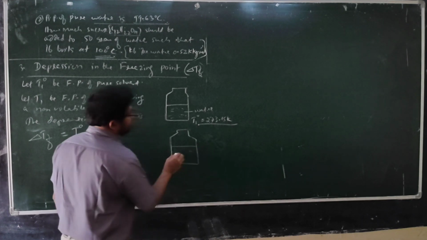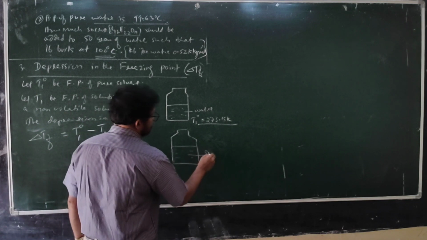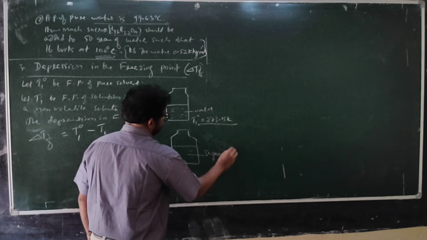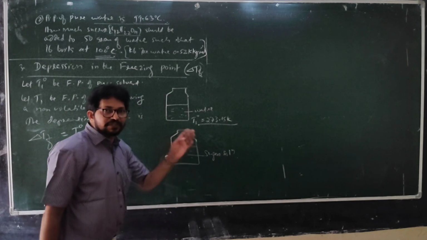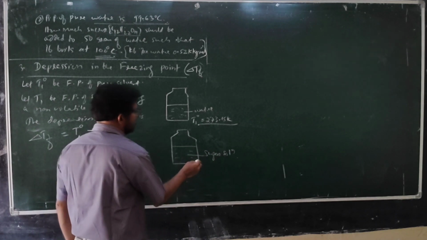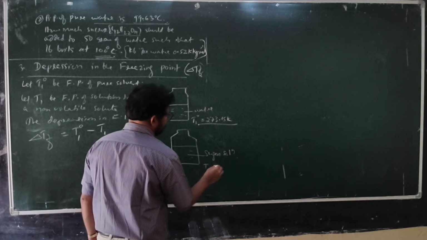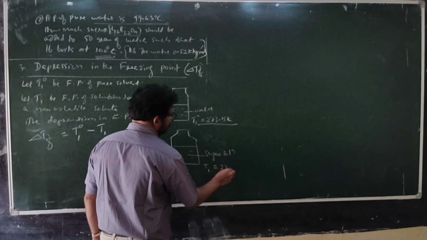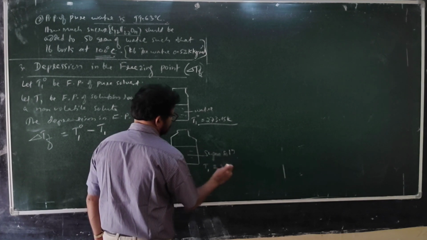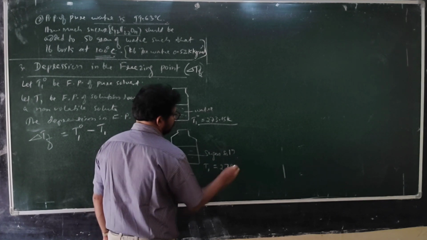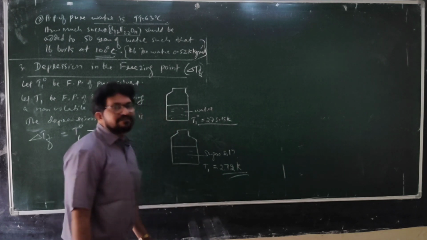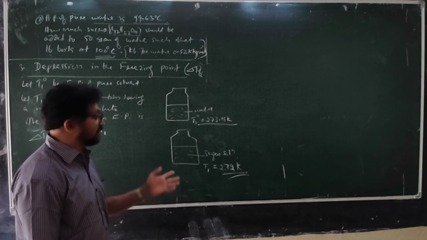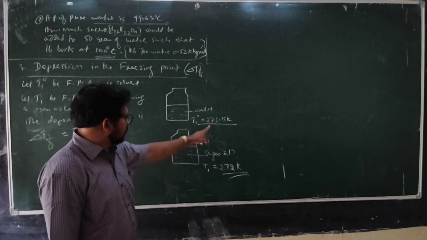Freezing point decreases. This is sugar solution. When you dissolve sugar into it, freezing point decreases, and T1 is say approximately 272 Kelvin. What is the elevation? Sorry, what is the depression?